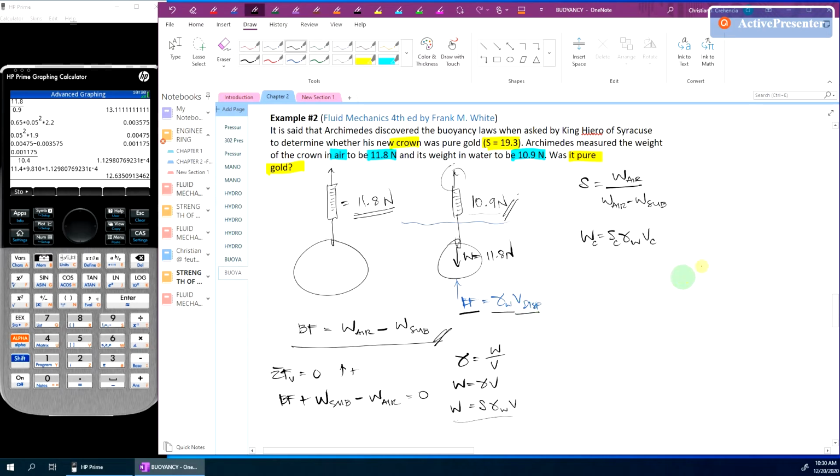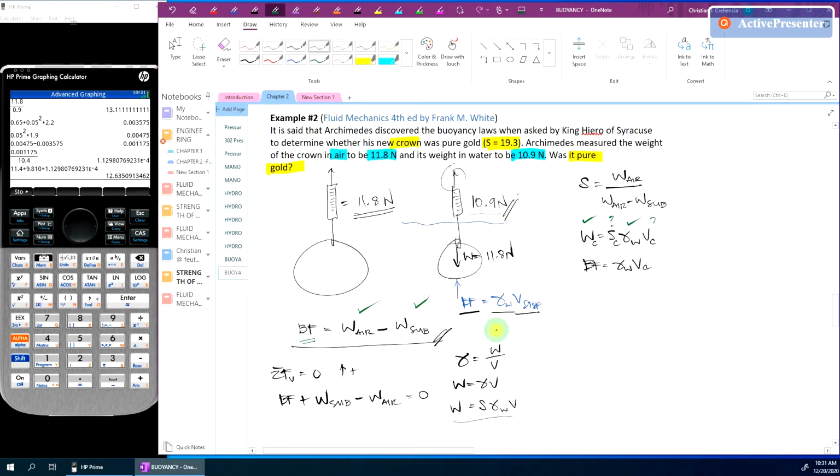In this case, the volume displaced is the volume of the crown. We have the weight of the crown, the weight in air, which is what we are looking for. The specific weight of water is known, while the volume of the crown is unknown. But from this equation we can solve for the buoyant force, since we have the weight in air and the weight submerged.